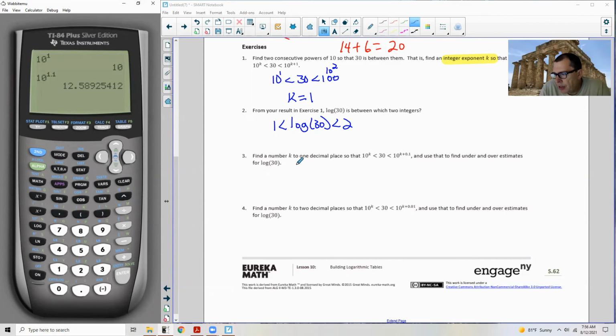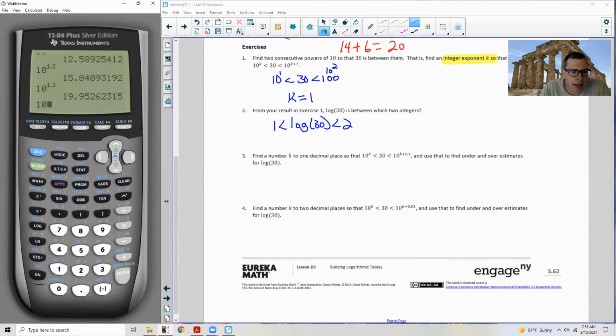Okay. So what we're doing here is we're going to keep going until we find a number where one's less than 30 and one's more than 30. 12 is less than 30, so I'm going to keep going. I'm going to go 10 to the power of 1.2, and I get 15, still less than 30. Then 10 to the power of 1.3, and that's 19, still less than 30.